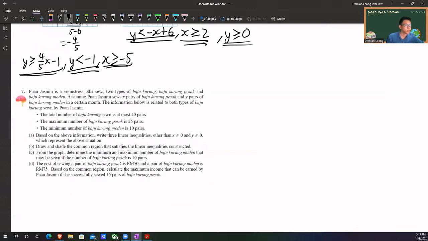Okay. So write the 3 inequalities. So this is a very common type of exam question. Okay, so make sure you are able to do a full question like this, because it carries quite a bit of marks as well. So you have to make sure you are able to do so lah.